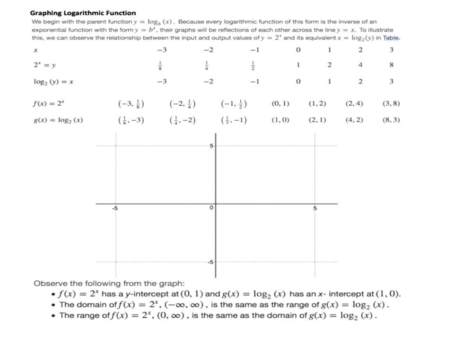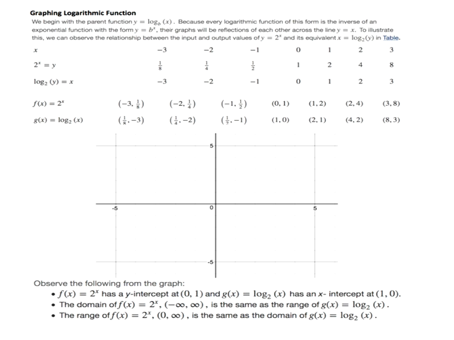Okay, so let's take a look at graphing a logarithmic function here. And we're going to graph it right next to its partner inverse exponential function. Okay, so we begin with the parent function y equals log base b of x, because every logarithmic function in this form is the inverse of an exponential function with the form y equals b to the x.